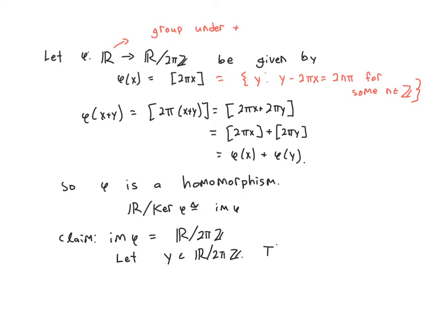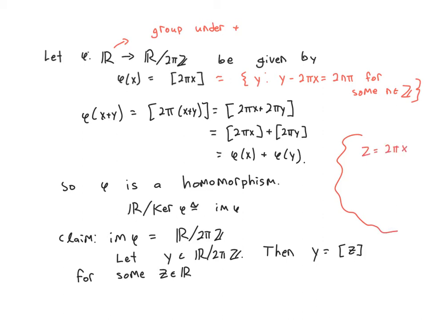By definition, it must be an equivalence class y equal to the square bracket of z for some z in C. What do we need z to be? We need z to be of the form 2 pi times x. So, thought bubble: we need z to be equal to 2 pi times x for some x, because then it's equal to phi of x.